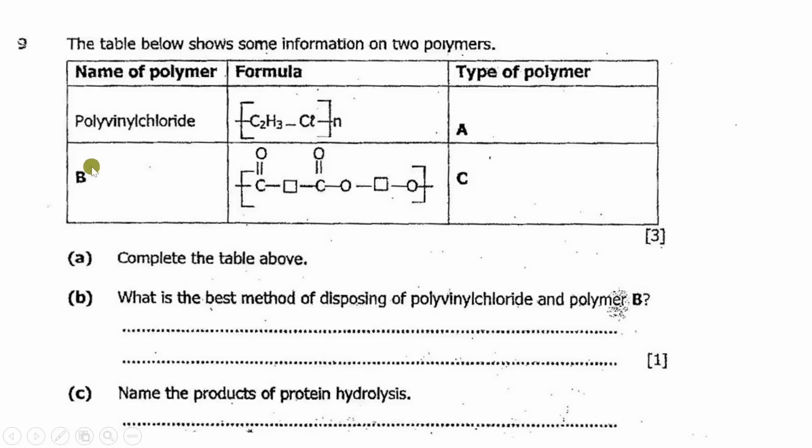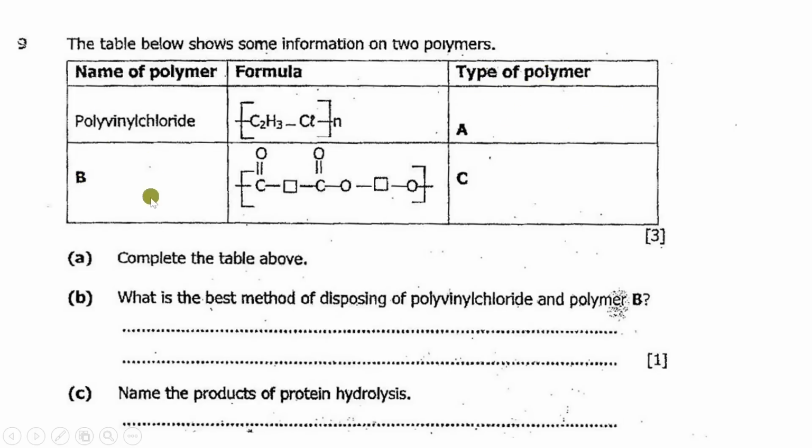So now they've given us polyvinyl chloride, and they've said the formula is this one. Actually, they twisted the formula here, and then they're asking you to give the name of the type of polymer it is.